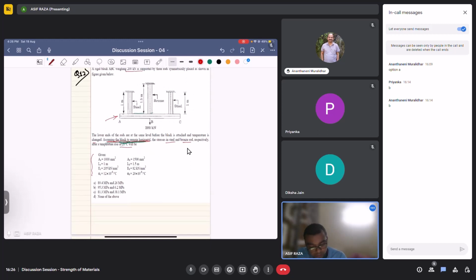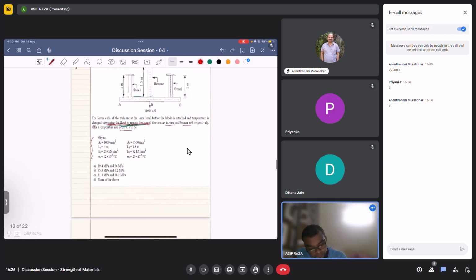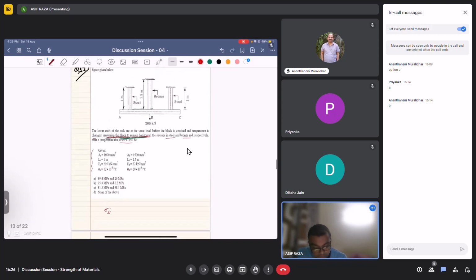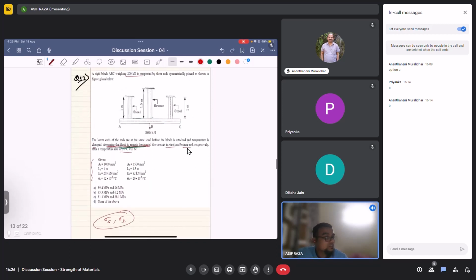Stresses in steel: since it's a symmetric arrangement, we can assume the stress in both the steel sections would be the same. So sigma s would be the same, and sigma b let us take as the stress in the bronze.